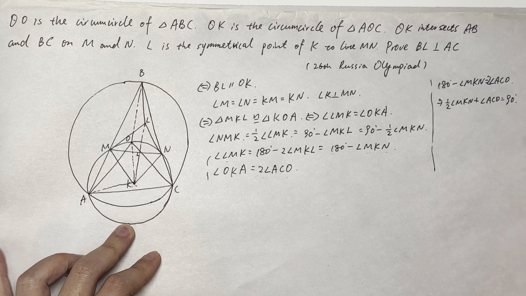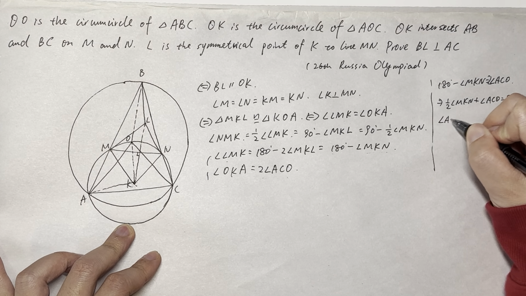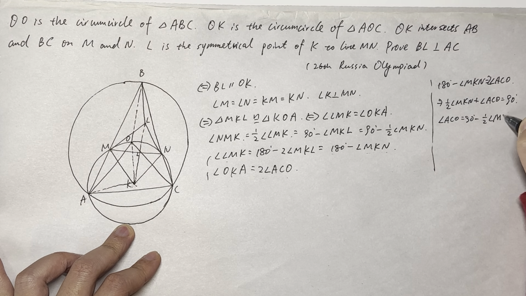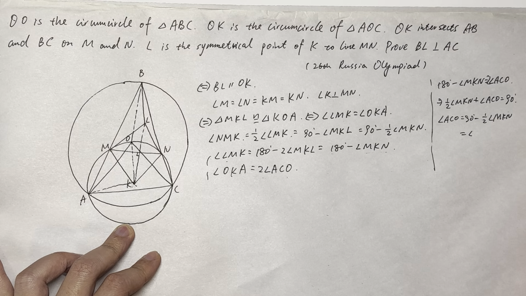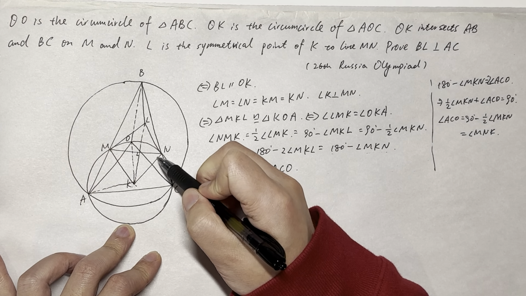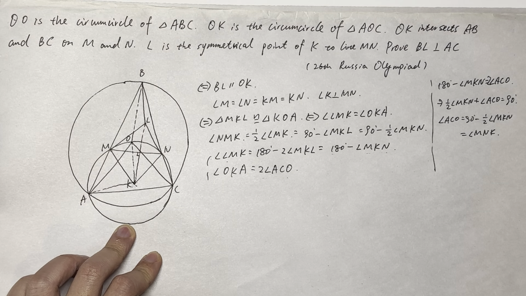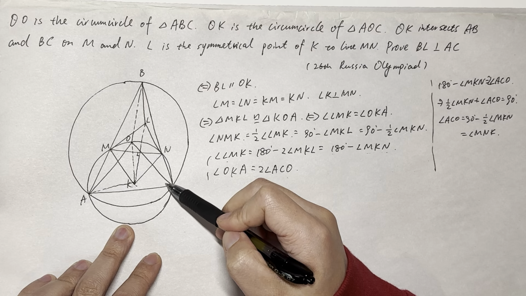So in other words, we want to prove that angle ACO equals 90 degrees minus half of angle MKN, which equals angle MNK, right? Basically, we want to prove that this angle equals this one.